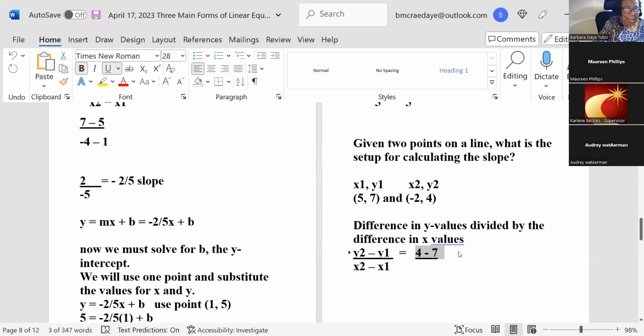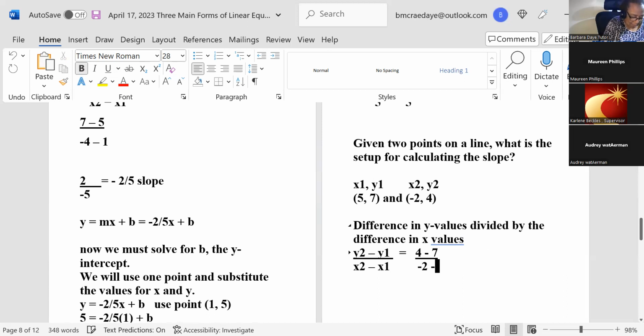So what is X2, Audrey? Look again up here. X2 is over what value? -2. That's it. Perfect. Okay. So let's put our -2. And X1 is what? 5.